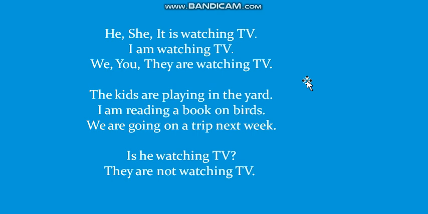Now you might want to know how we can change sentences in present progressive tense into question form and negative form. First of all, you need to know that in English we have got two types of verbs, helping verbs and main verbs. Helping verbs, which wouldn't exceed more than 15 or 20 in English, are verbs which help us to make tenses.